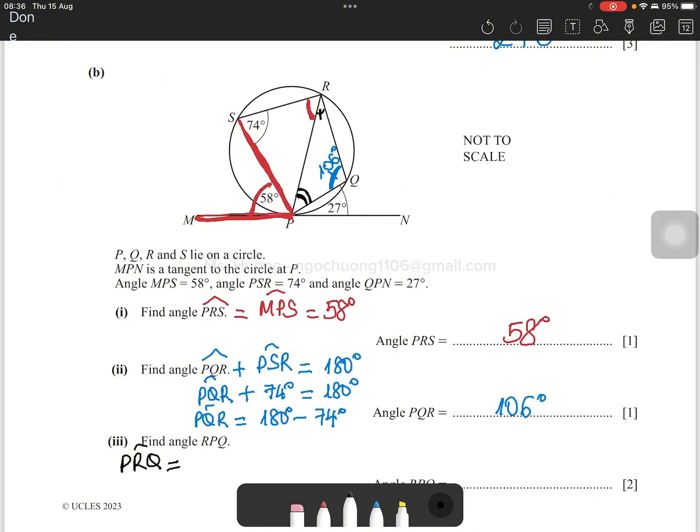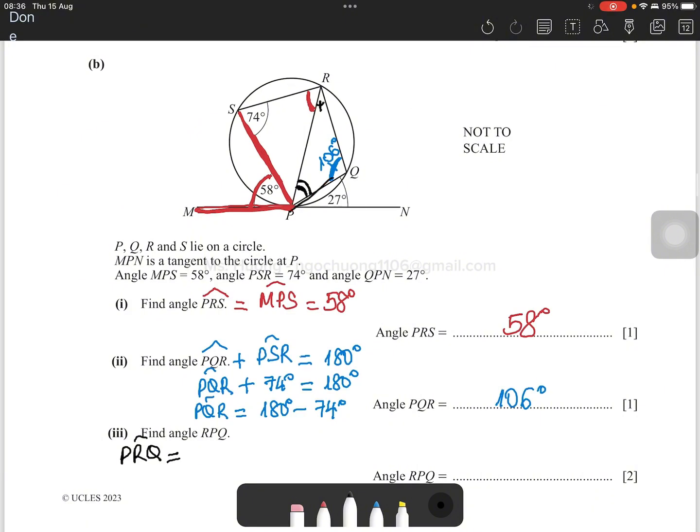PRQ is the angle at the circumference subtended by the chord PQ. And the chord PQ also forms an angle with the tangent PN. The angle is 27 degrees. So PRQ is equal to QPN, which is 27 degrees.